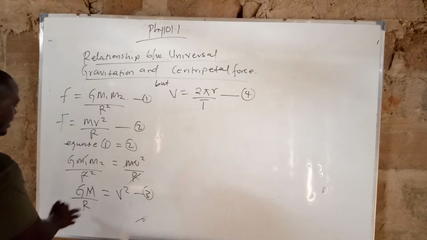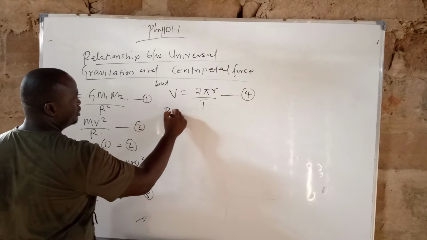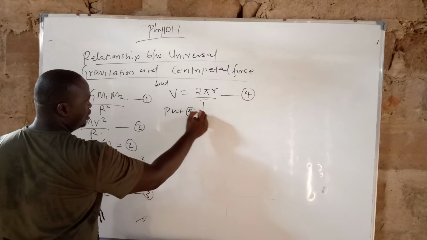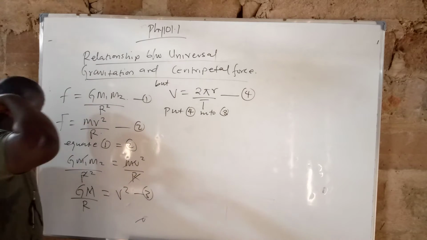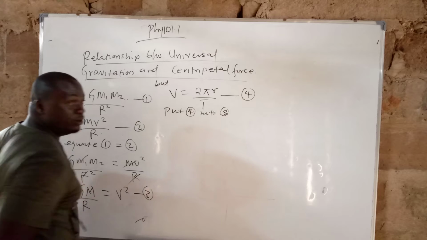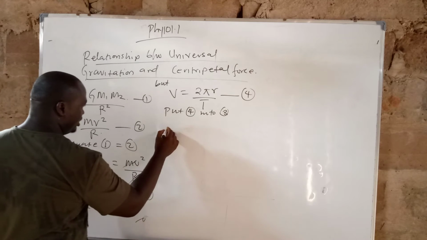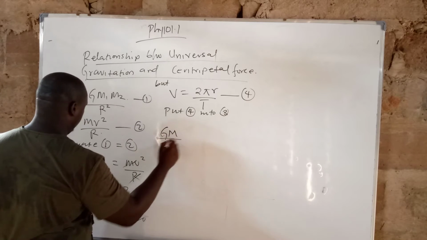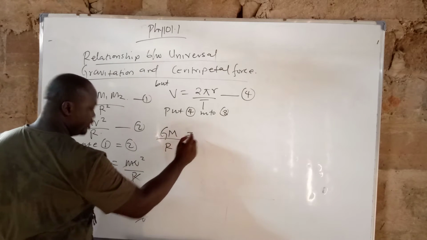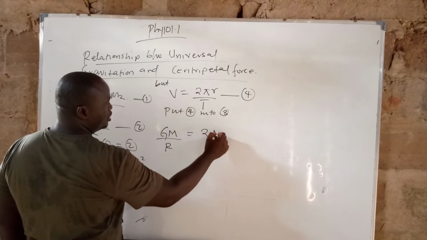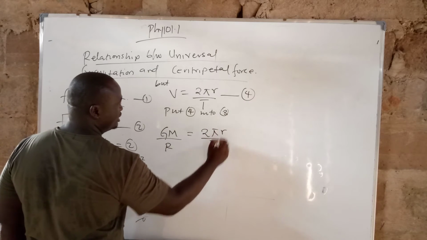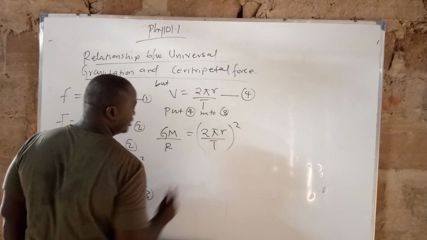So what I'm going to do right now is put 4 into 3. So wherever I see v, I'll replace it with 2 pi r all over t. So this is G m all over r equals v squared, so this will be 2 pi r all over t, everything in square.